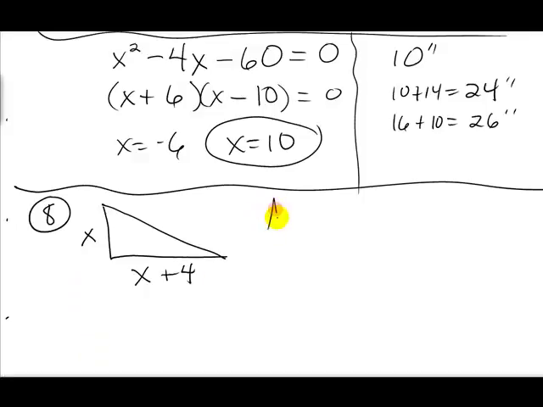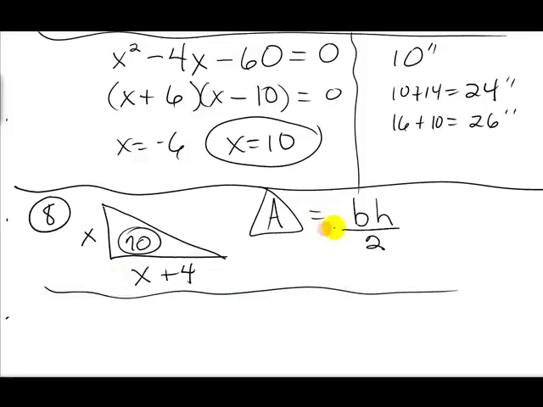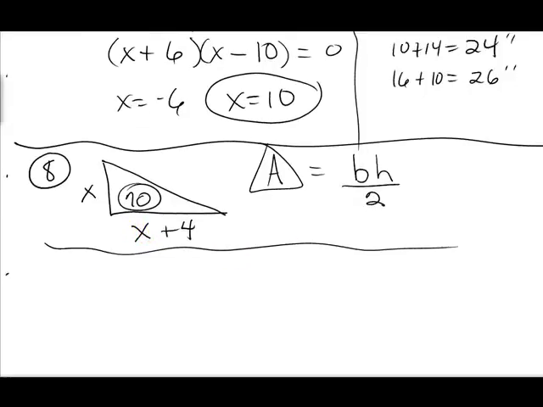We want to remember that area of a triangle is base times height divided by 2. And we know here that the area is 70. So let's use our formula and the information we have here to set up our equation.